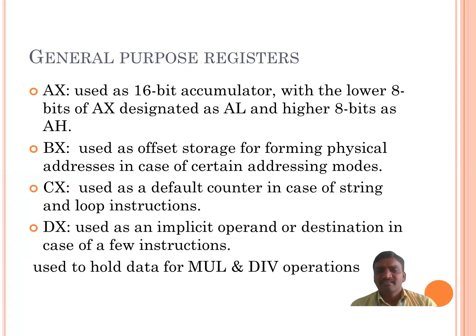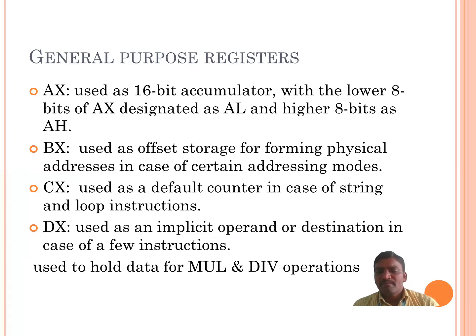And the next one is BX. BX register is the base register. The main purpose of the base register is that it is used to store the other operand whenever we are performing an ALU operation. Other means the second operand. Okay, suppose you want to perform addition, it requires two numbers. One number will be stored in the AX register and the second number will be stored in the BX register. So that is the use of the BX register.